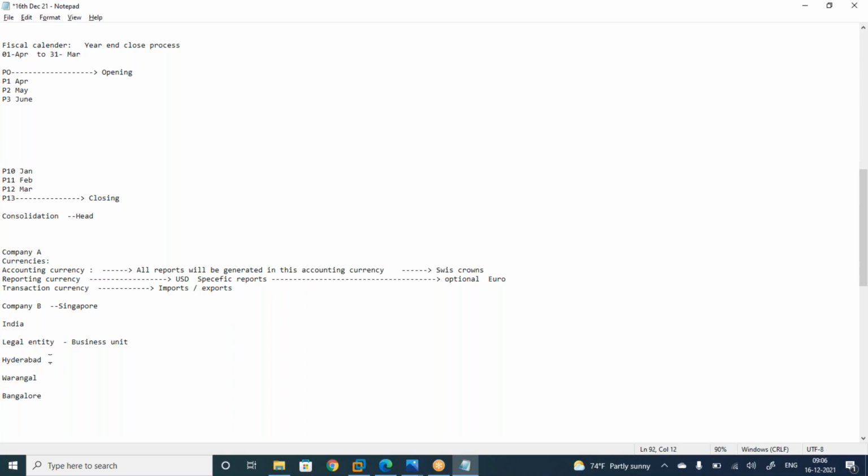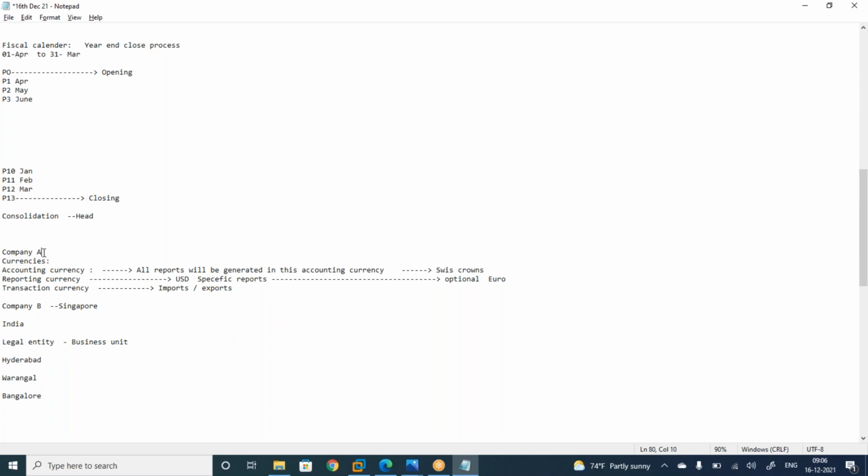Then you need to create different legal entities. But if they say no, it should be shared, then I create these two as business units. So we need to discuss a lot how the customer wants the data: security permissions, and how they want the reports. Based on that, you decide whether to use a legal entity or a business unit.